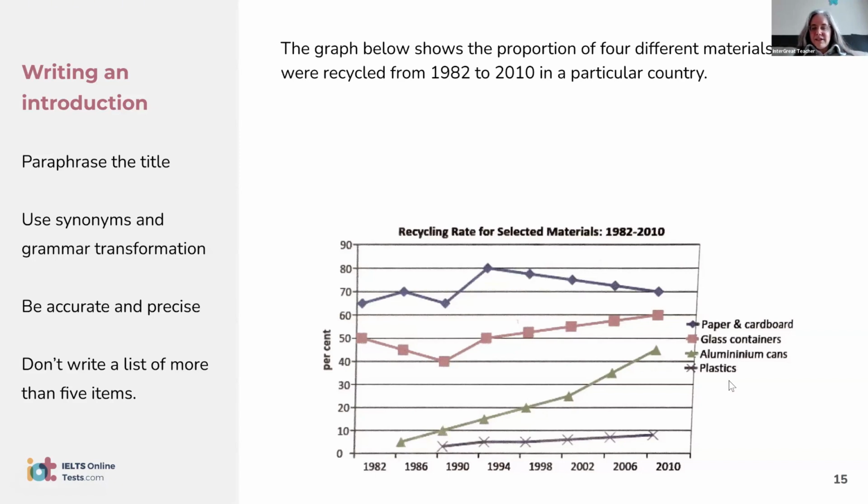In this particular graph, if we're thinking about the different materials, there are 4. We've got paper and cardboard, that's 1. Glass containers and aluminium cans and plastics. So we've got 4 here, but you could be presented with a graph that had 5, for example, and you might want to list all 5 of them.